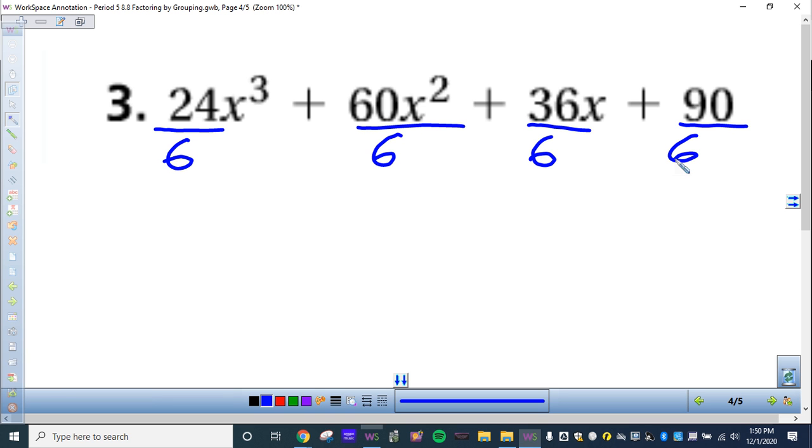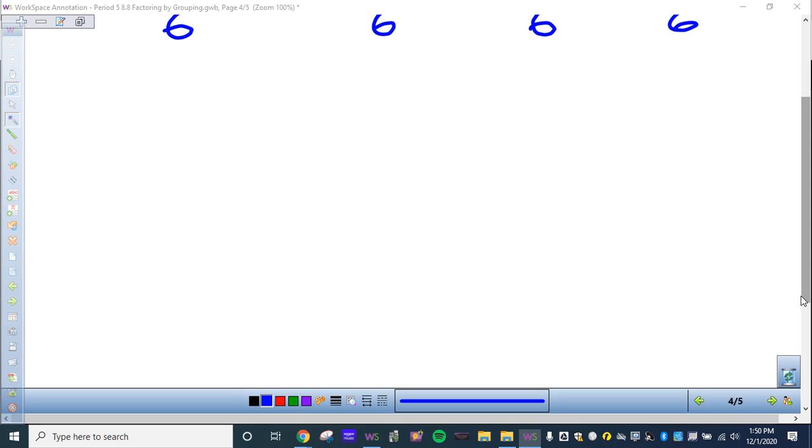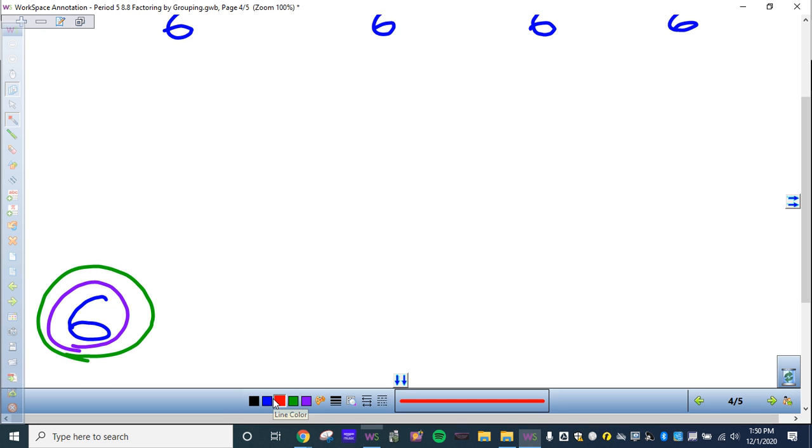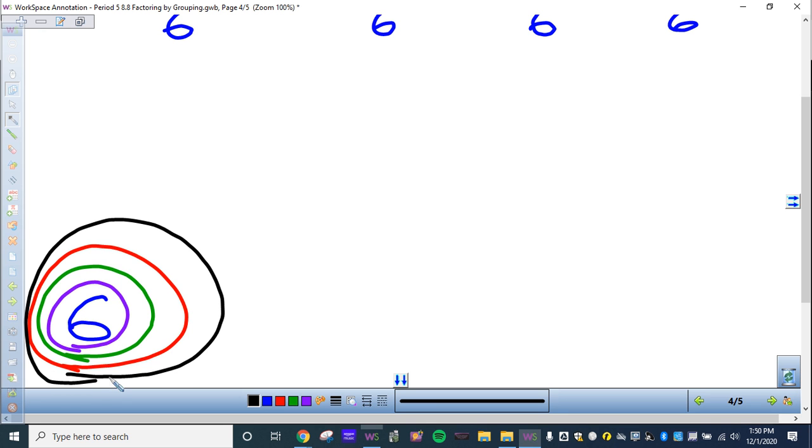Okay? So then I'm just going to write that 6 way down here and put a couple circles around it so I don't forget to include it in the end. Like, this is the kind of thing I did as a high school student because I knew I would forget to write that 6 at the end, and it just totally upset me when my teacher took points off, even though it was totally justified.